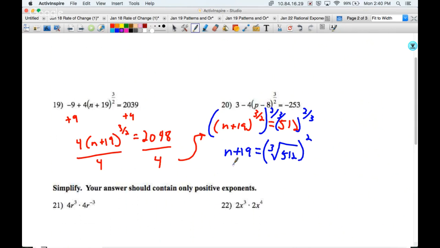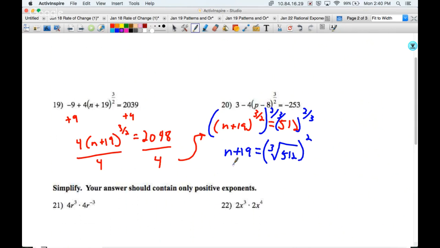So that's 512 to the 1/3. Oh, I was forgetting to do parentheses in my calculator.